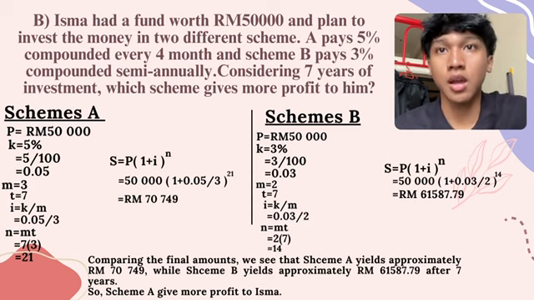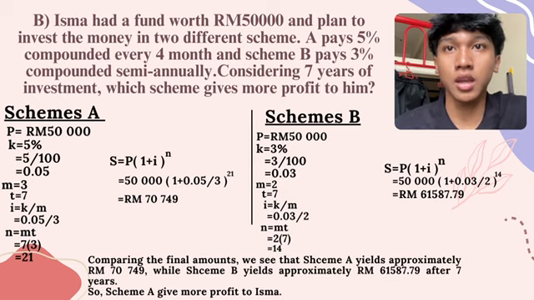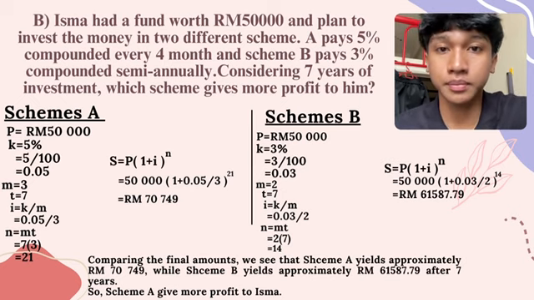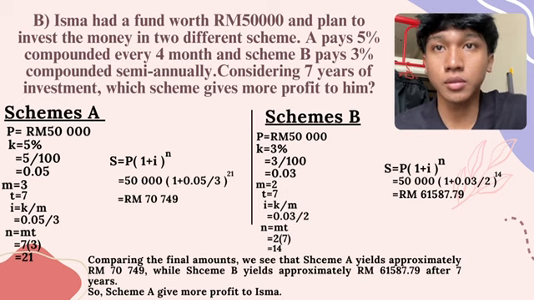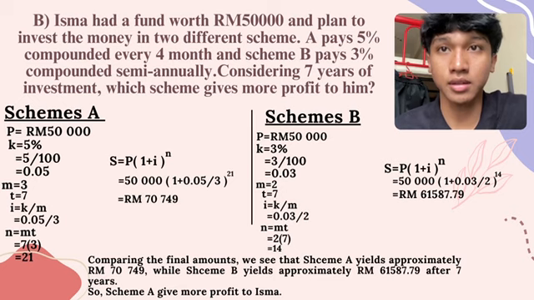Scheme A. P is 50,000 ringgit, K is 5%, and we need to change it into decimal, 5 over 100, and we get 0.05.